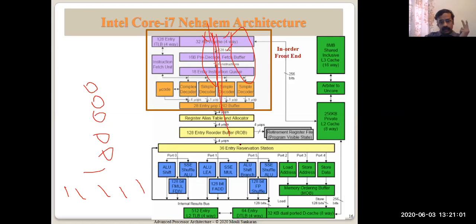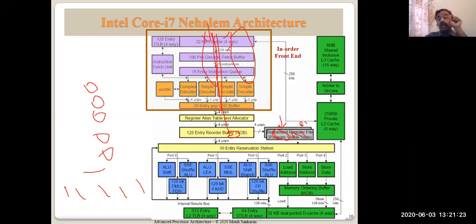Everything is common. So one set of instructions will be operating on this register set, another set of instructions will be operating on another register set. Their operands are different. Though it will say R1, it may be here or maybe here. We don't know.